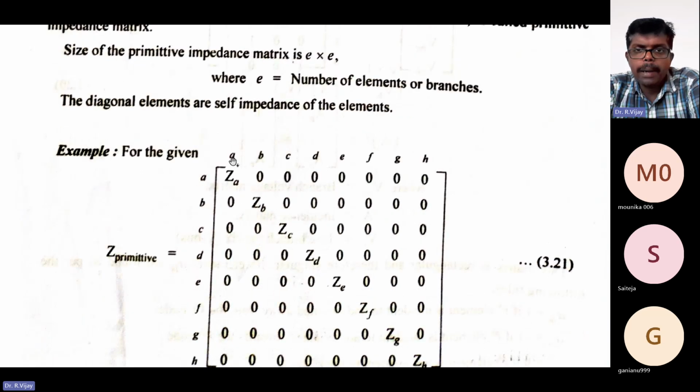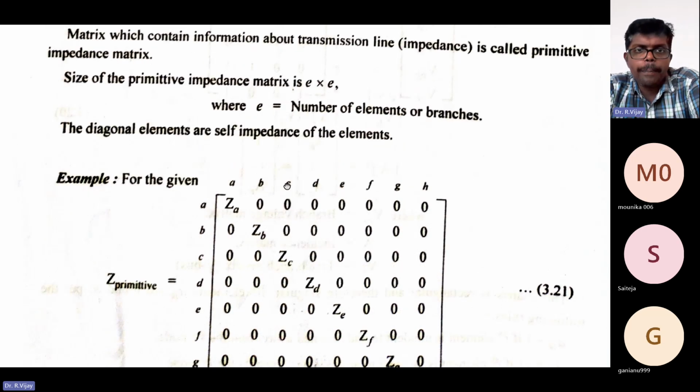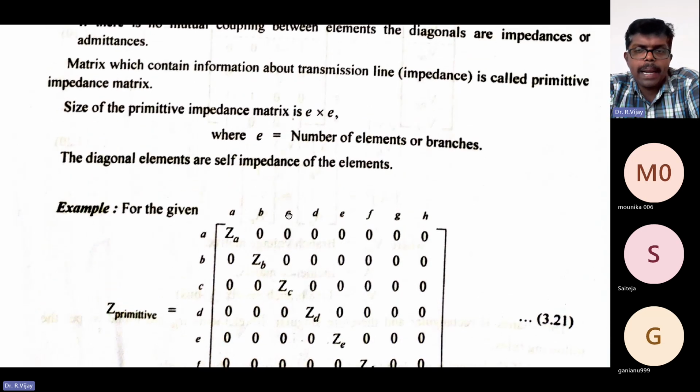Say for example, between the elements A and A, ZA; between B and B, ZB; C and C, ZC, like that. All other terms are 0. The diagonal elements are the self-impedances of the elements, and the off-diagonal elements are 0. So this is called a primitive impedance matrix.